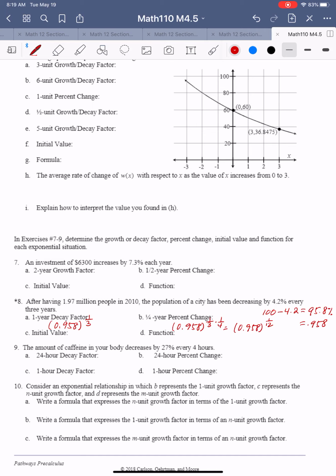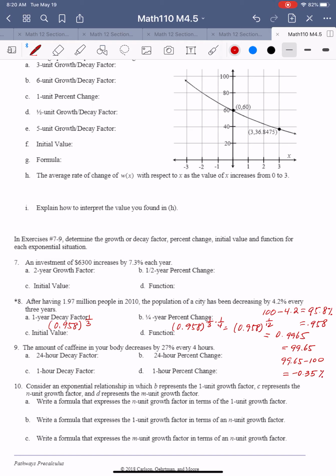If you compute this, I got 0.9965, which changes to 99.65, and then 99.65 subtract 100, and I get negative 0.35 percent.